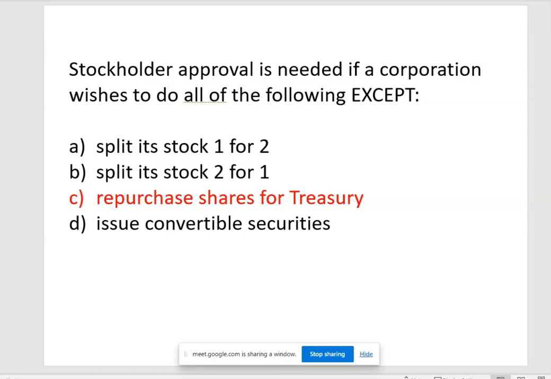Issuing convertible securities requires shareholder approval because there would be a dilution effect. See, if they issue convertible bonds or convertible preferred stocks, and if investors start converting them into stocks, that's going to have a dilutive effect. That's going to dilute each existing share and reduce the earnings per share. So therefore, that requires a shareholder vote too.